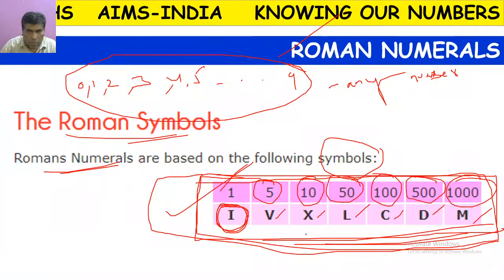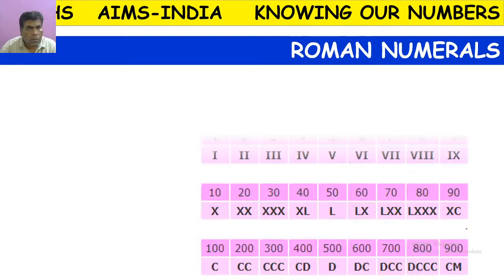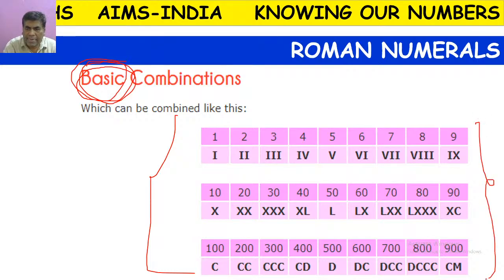Once again, 1 stands for I, 5 is denoted by V, 10 by X, 50 by L, 100 by C, 500 by D, 1000 by M. So let's see some basic combinations.